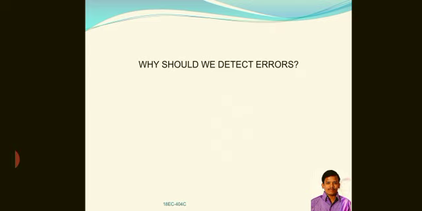Whatever the input type of the signal, finally it will be converted into digital form. Then required processing will be done, and finally it will be transmitted by the transmitter. And in the channel, because of so many factors, the bits of the data may be changed.